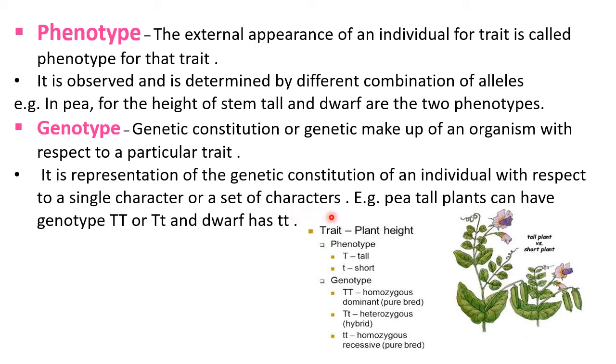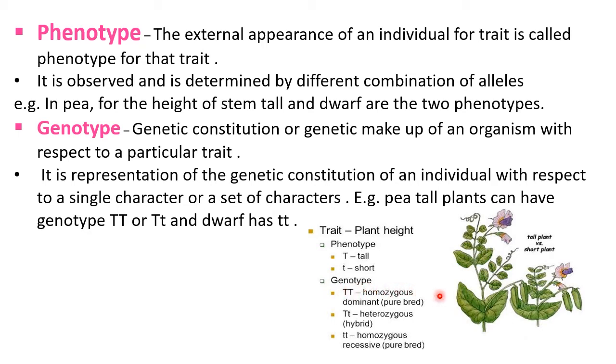For example, a tall pea plant has genotypes. Genotype means the internal appearance, or genetic makeup, of an individual.